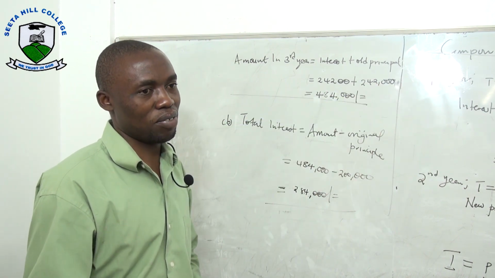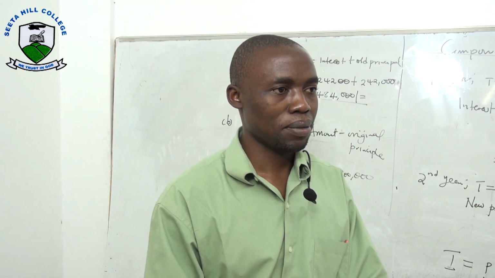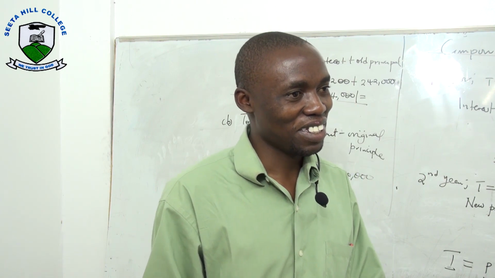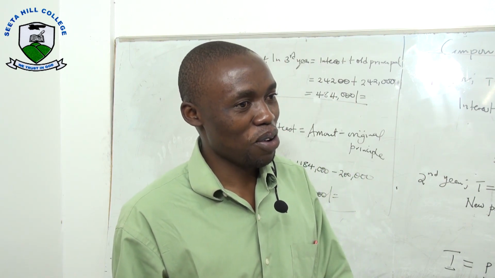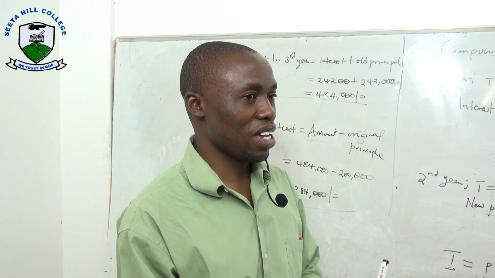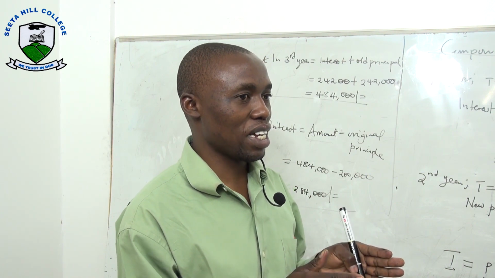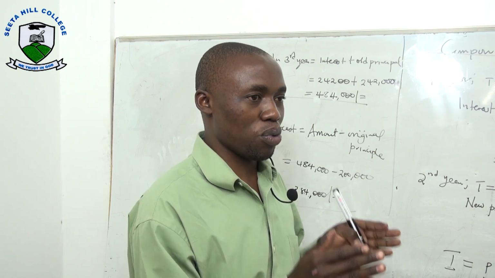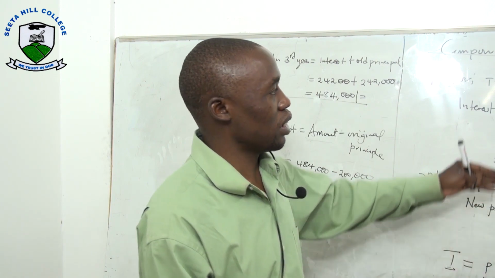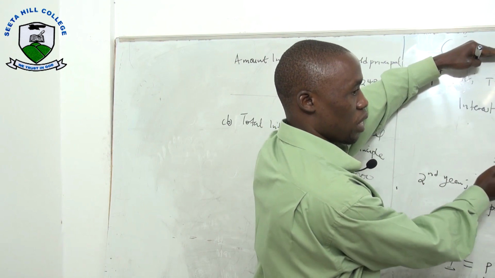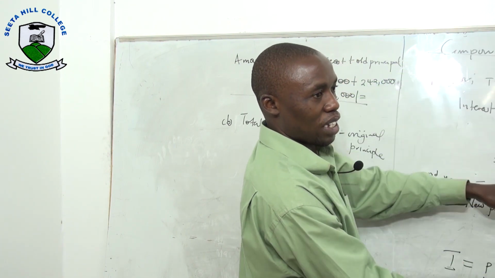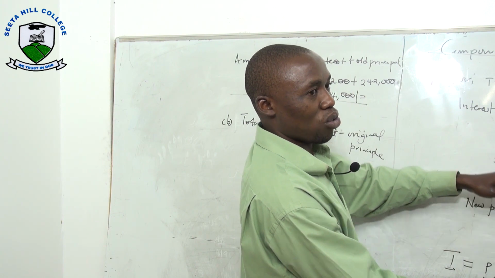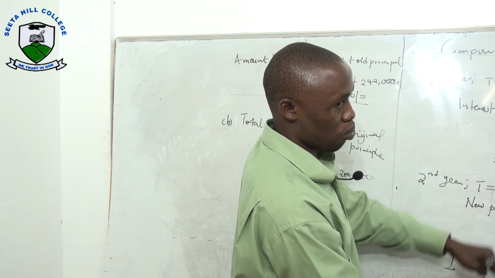That's very bad business. Now we are saying that in compound interest, when you reach a certain year, you handle it as if you have just started a new year with a new principal, because this principal is for this year only. When you go to the second year, it's like you are starting a new business. It's like you are resuming business. Each year you resume.